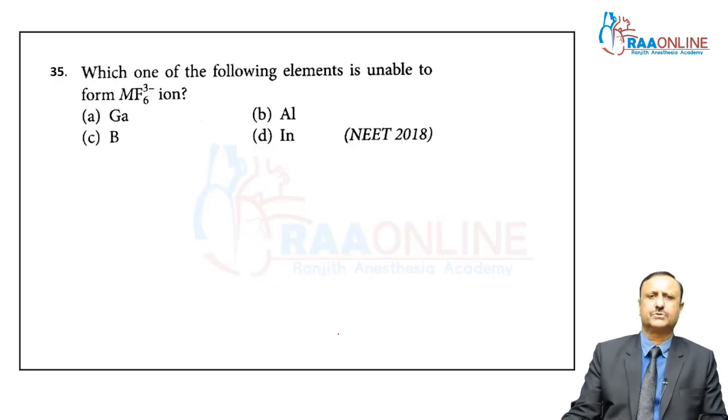Now we can see question number 35: which one of the following elements is unable to form the MF6 3- ion? Here my dear students, we look at the element in which d orbital is absent.